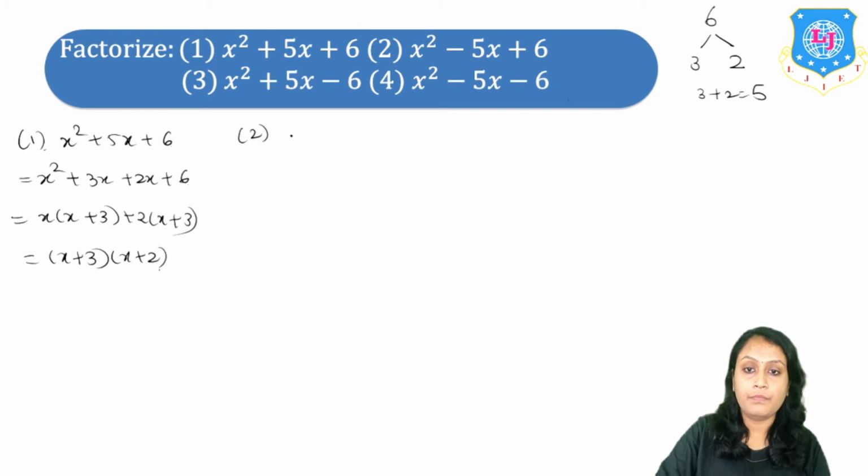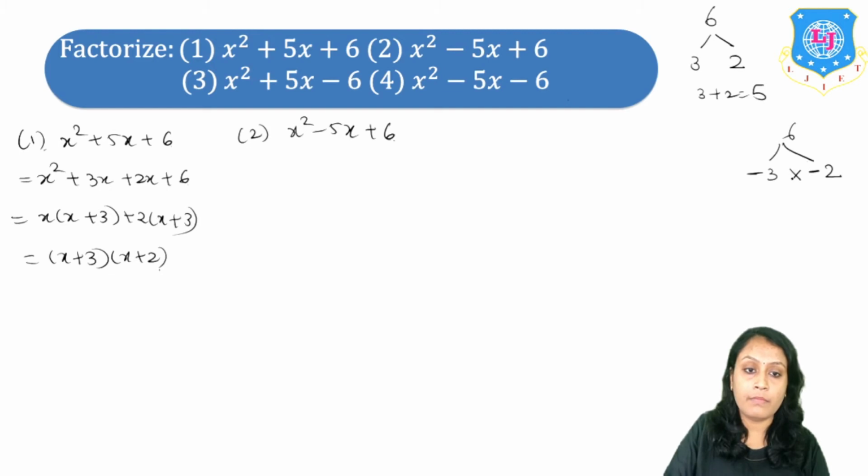The next sum, x square minus 5x plus 6. Now we need the factors of 6, but the answer should be what? Minus 5. If you take 3 and 2, the answer is 5, so we cannot take 3 and 2. So we'll take minus 3 and minus 2. Why are we taking both minus?